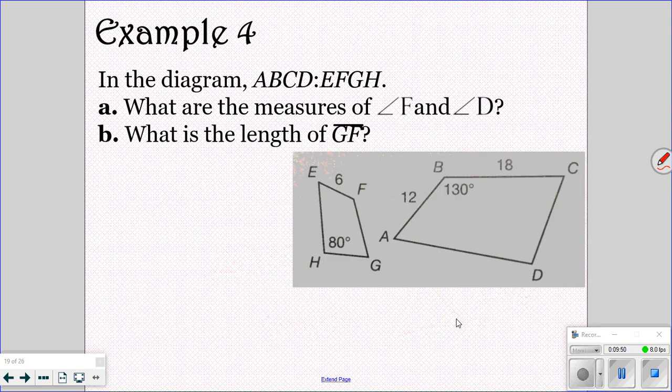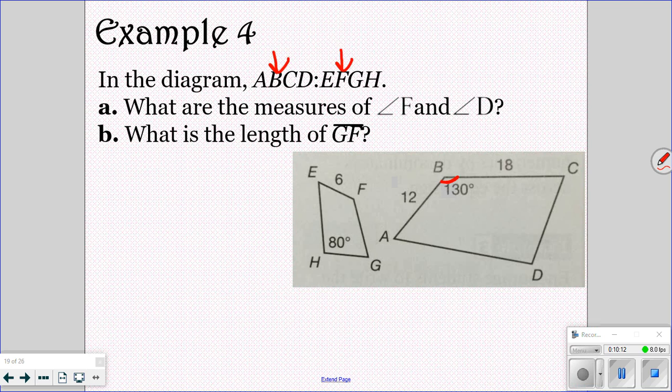Okay, so looking here, it tells us ABCD is similar to EFGH. So that means that they are similar. So the measure of F and D is what we're looking for. So if you look, F is the second letter, so that means that the second letter is going to be corresponding to it. So B and F are corresponding.